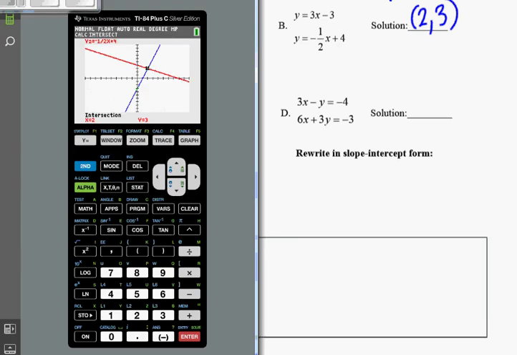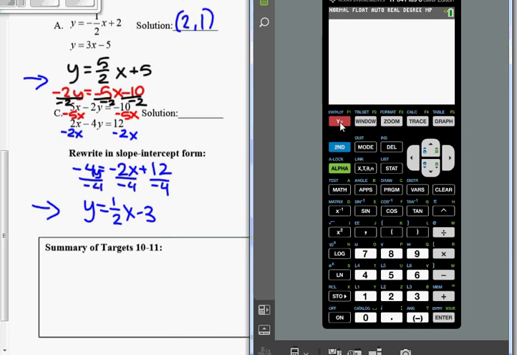So again, to start graphing, we need to go to our y equals to plug our equations in. Clear out the ones we already have. So our first equation is 5/2 x, so 5 divided by 2x plus 5. Enter to go down to our second equation. Our second equation is 1 divided by 2x minus 3.